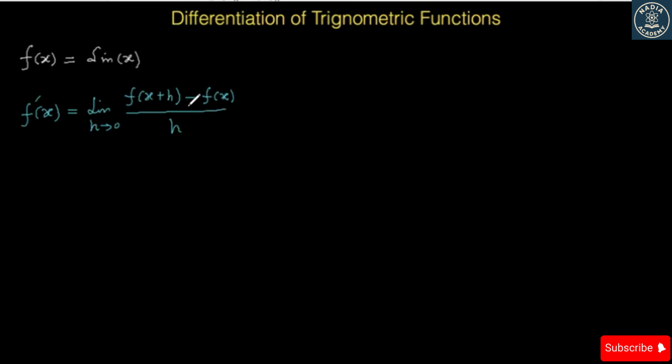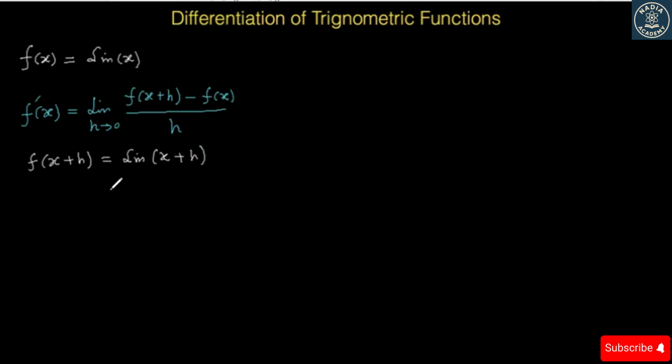And in the last lesson, we learned that this is actually the gradient of this function. So now we have f of x here. What we also need is the function f of x plus h. So that will be equal to sin of x plus h.